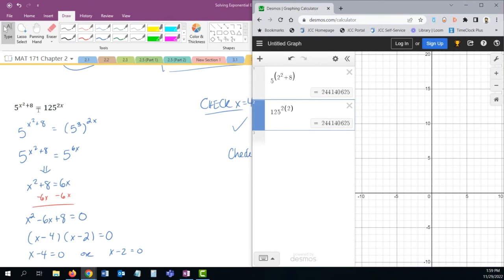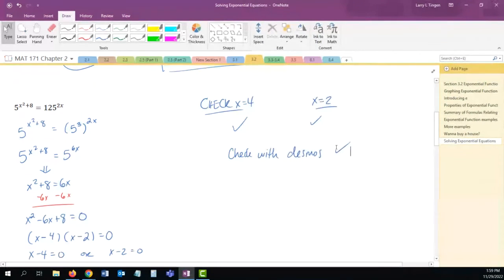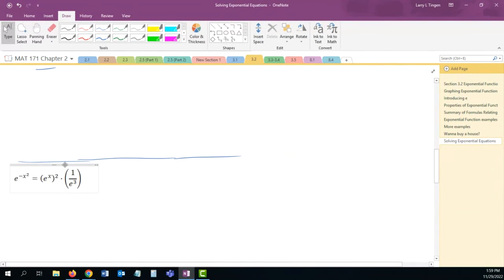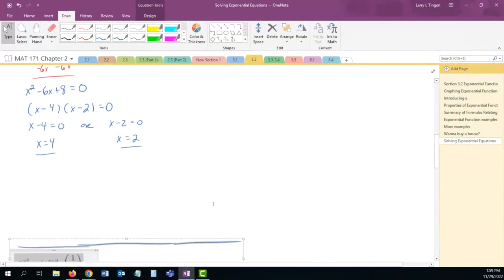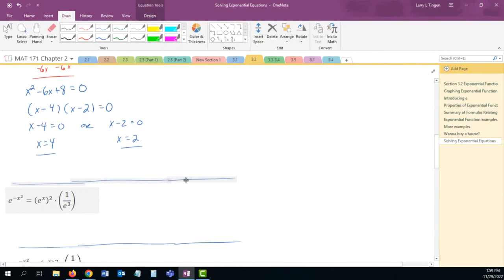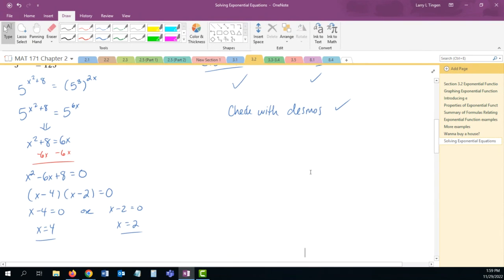Are those numbers the same? And I think it's 5 to the 24th equals 5 to the 24th. All right, so next. Oh, and let me write this. Solutions. The solution set contains both 2 and 4.